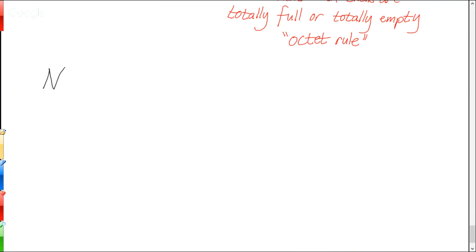And that makes it a 3- anion. So we would expect the ion of nitrogen to be N3-, which it is. That good? That's all there is to it.